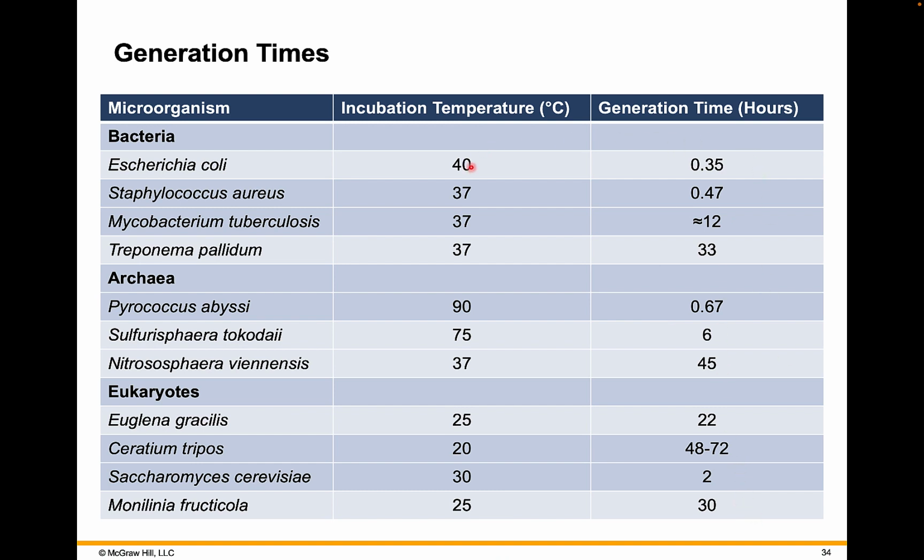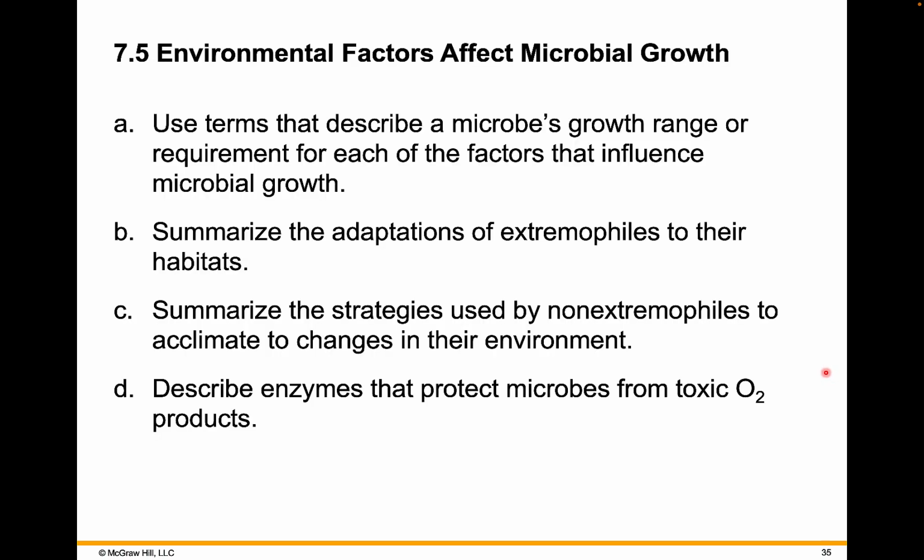You can see as little as, for example, 0.35 hours, 20-25 minutes, to even Treponema pallidum at 33 hours, some of the archaea at 45 hours, and it varies a lot at different incubation temperatures all across the spectrum.